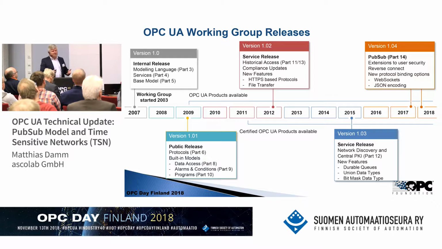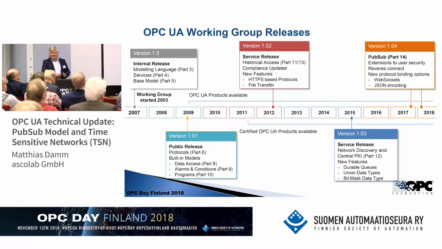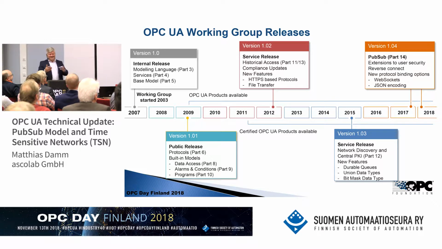In the early days we completed feature sets that were not finished in the first version, and the big step, adding a really big new feature like the PubSub communication model, was done at the end of 2017 and early 2018. You asked, was it last year or this year? Most of the specs were finished at the end of 2017, but PubSub was finished in March 2018. That's why I said both is true.